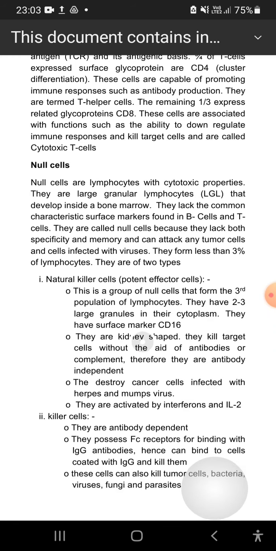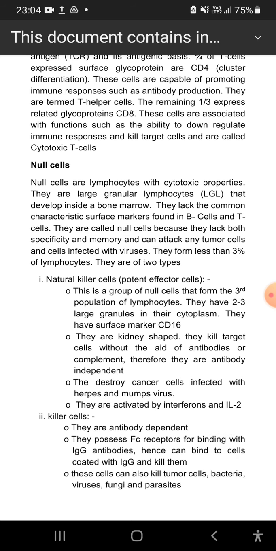They have large granules in the body. I mentioned that null cells, apart from being non-specific, have granules. So they are granulated lymphocytes, and they are larger than B or T cells. So they are referred to as large granulated lymphocytes.